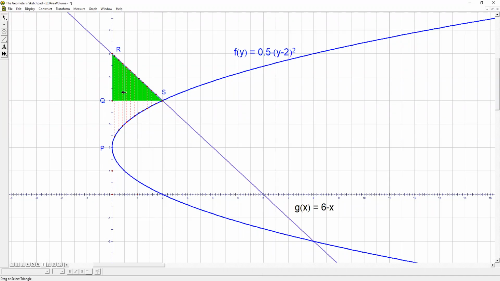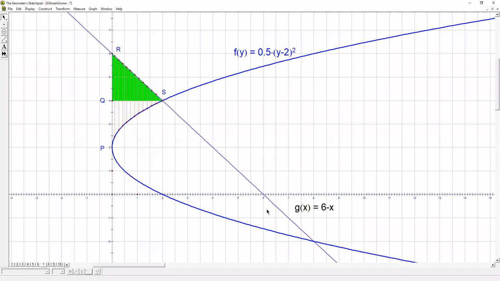The shaded part here consists of two. Yes, one part comes from the curve and another part comes from the straight line. So this part, I can find the area of triangle. This part, the white part, I use integration.